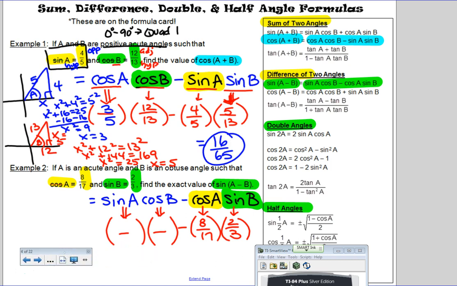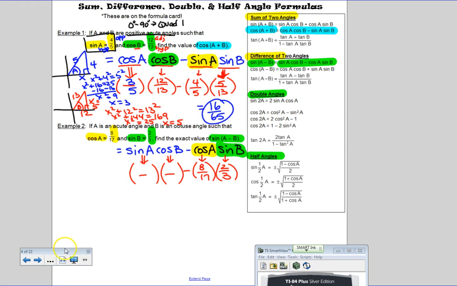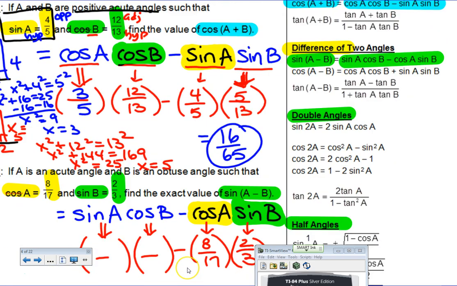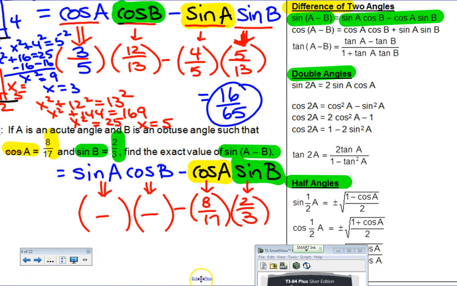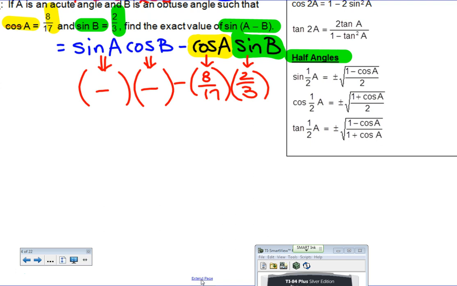So just like before, if I have values for sine and cosine and I'm missing other values, all I have to do is figure out where I am, graph it, and find the missing side by doing the Pythagorean theorem.